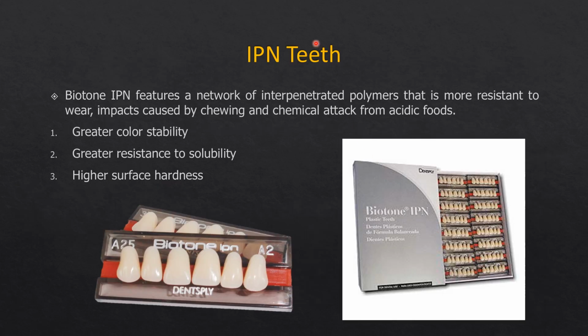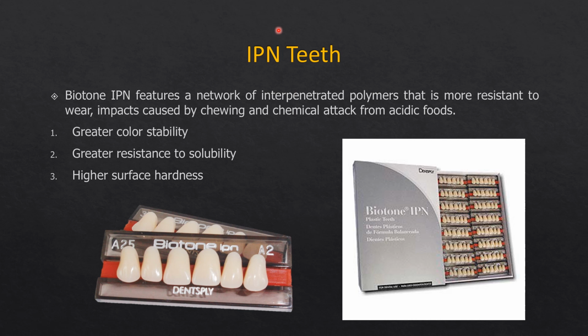One type of acrylic denture teeth is IPN, that is interpenetrating polymer network teeth, and these are manufactured by Dentsply, and they come under the brand name of Biotone IPN. They have greater color stability, greater resistance to solubility, and higher hardness than the conventional polymethyl methacrylate or PMMA acrylic teeth.